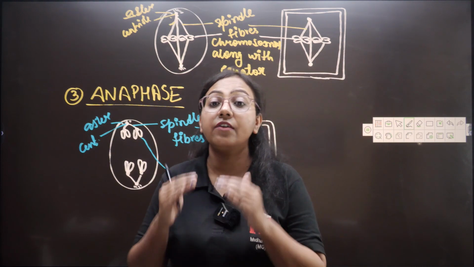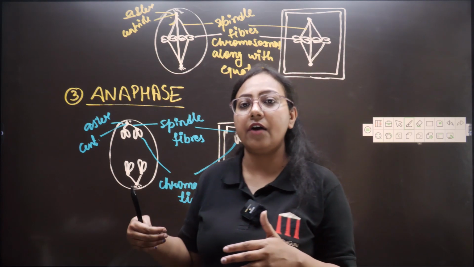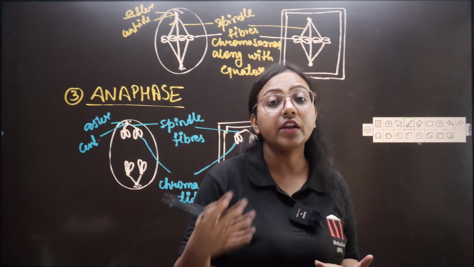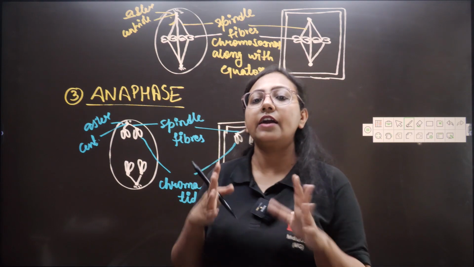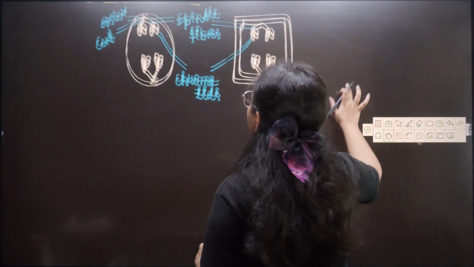So you have to be ready, and you must know which phases are coming after. Like anaphase is there, what will come before it, what will come after it, that should be completely clear in your mind.